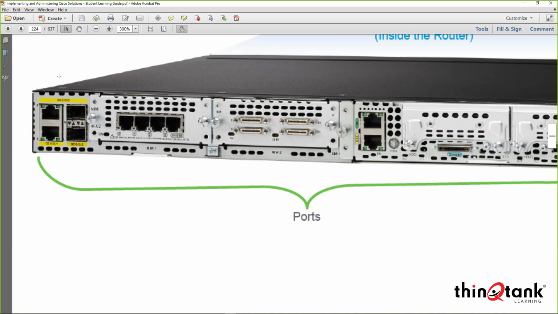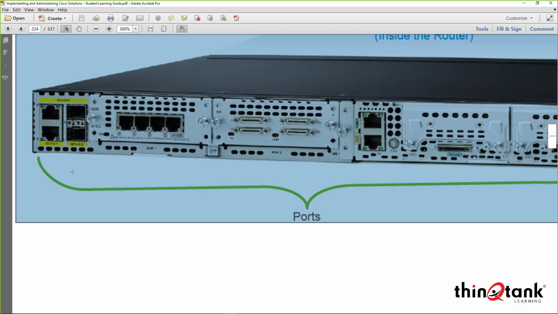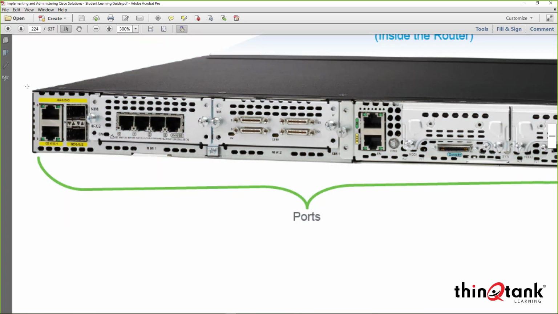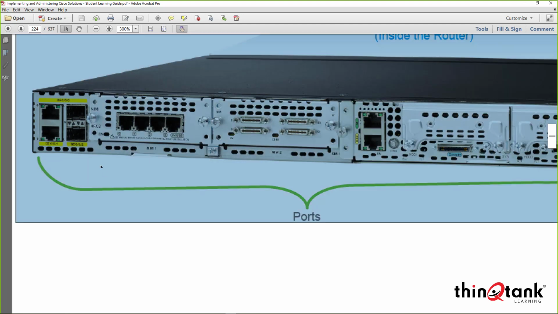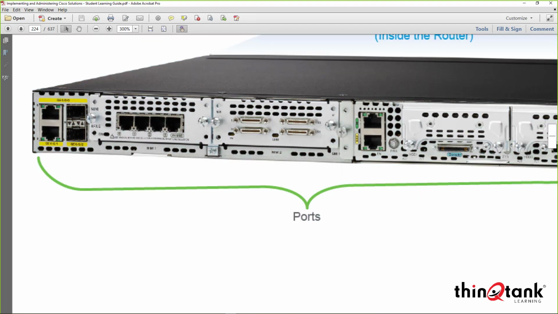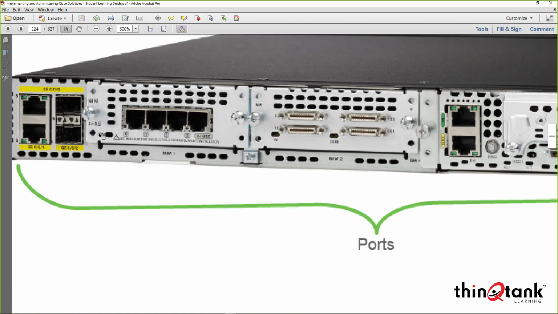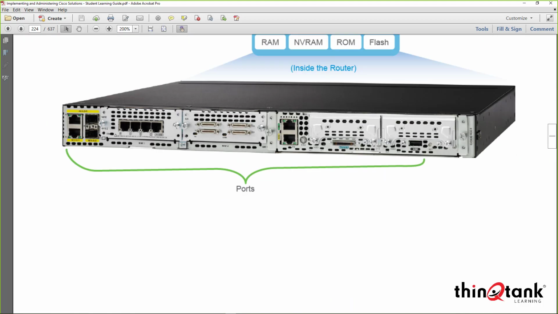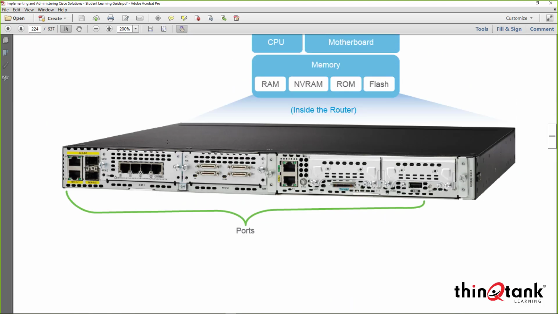And then we have some SFP slots here that correspond to these gigabit Ethernet ports. So this is 4 different gigabit Ethernet ports. They might not actually be 4 different ones. These might be the optional ports, so you can put in a fiber module and so on to be able to connect a fiber interface, right?